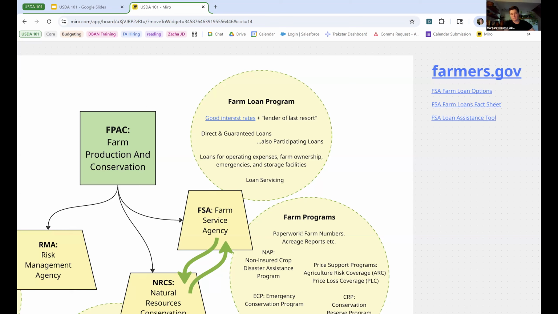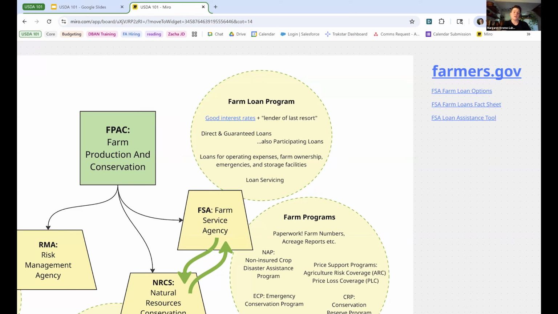If the loan goes bad, they say, we've got you covered. And what that does is open up additional credit that lenders might not otherwise have been willing to extend to farmers, because they're safer loans to give. So that is called a guaranteed loan. And the banks that participate in those programs are guaranteed lenders.